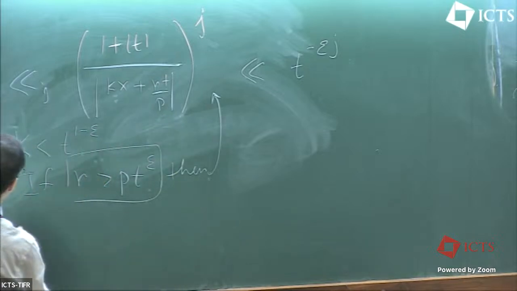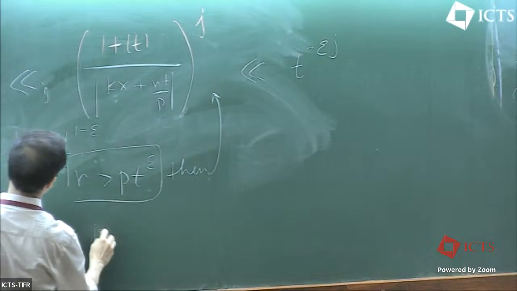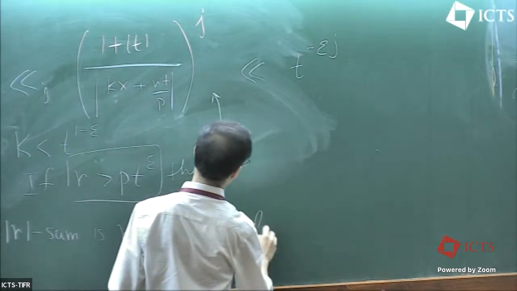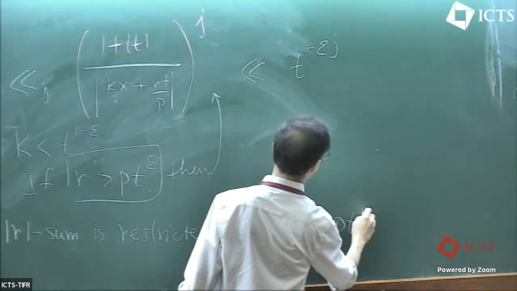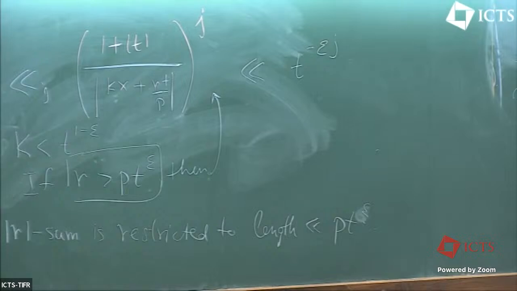So that just means the r sum is restricted to length less than p times t to the epsilon. Okay.